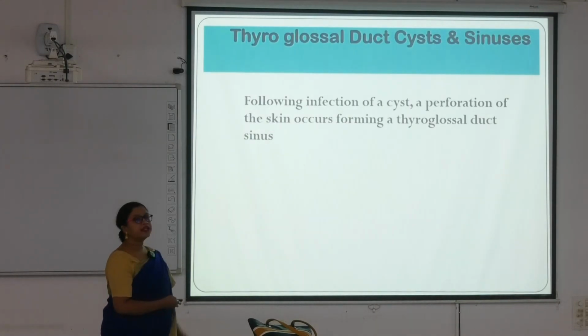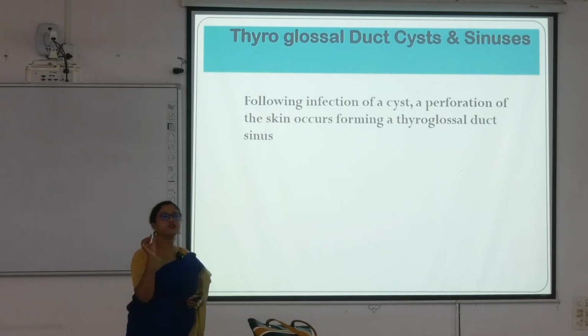So another thing is thyroglossal cyst. Now, if the proximal opening of the thyroglossal duct is open, what will happen? Some fluid would be coming out. So in that case, we will say thyroglossal sinus.